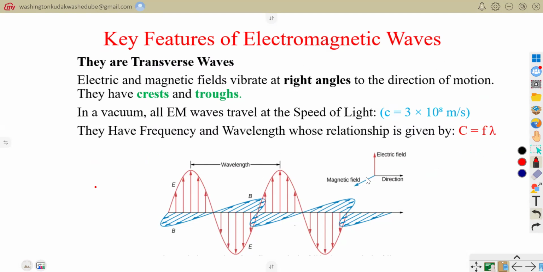And also from this diagram, they've shown us the direction in which our electric field would be vibrating. And then this is the direction in which our magnetic field would be changing. And then this is the direction of our what?